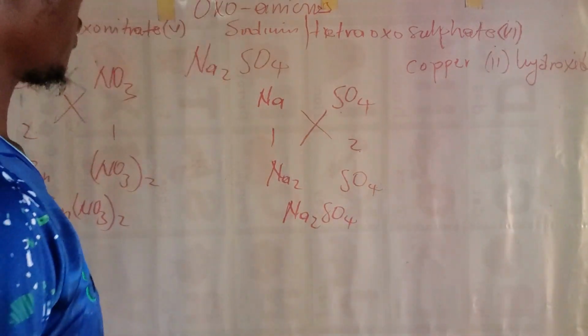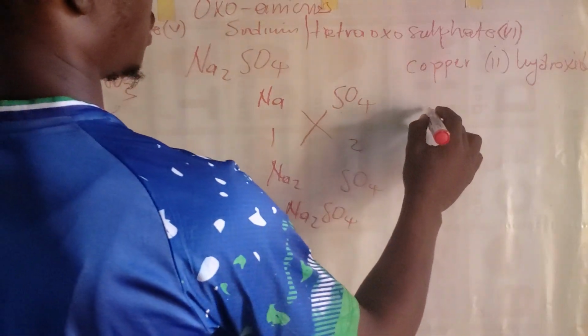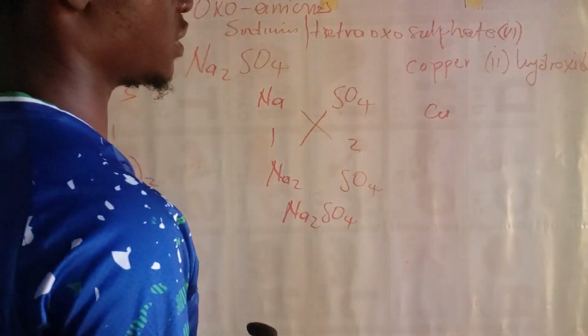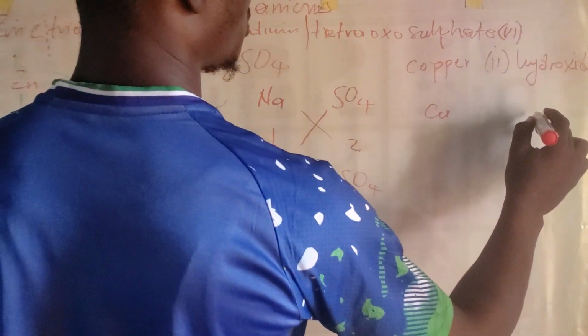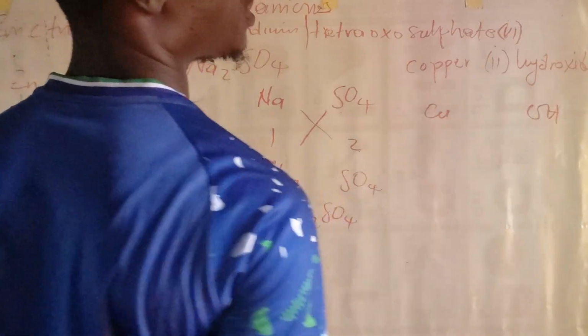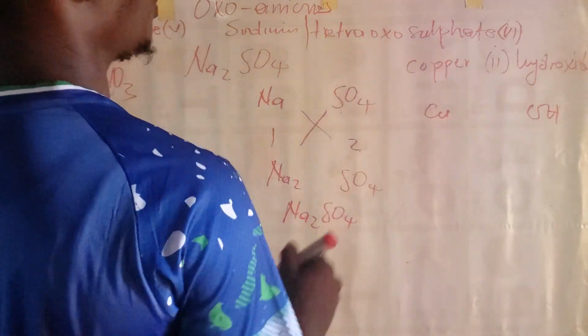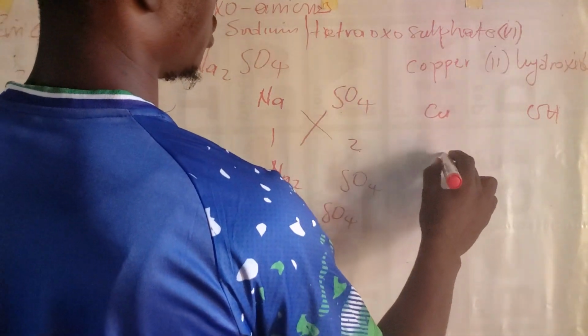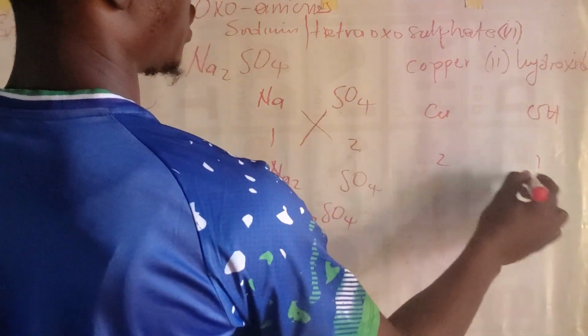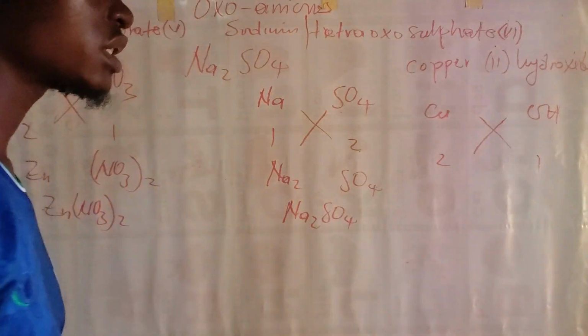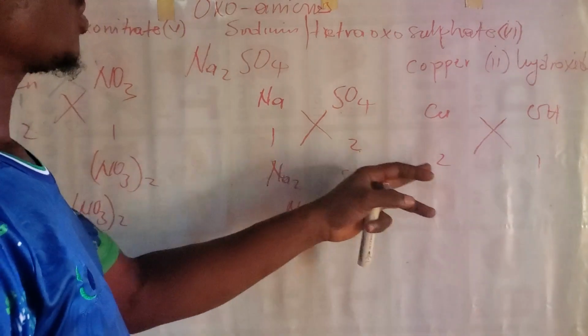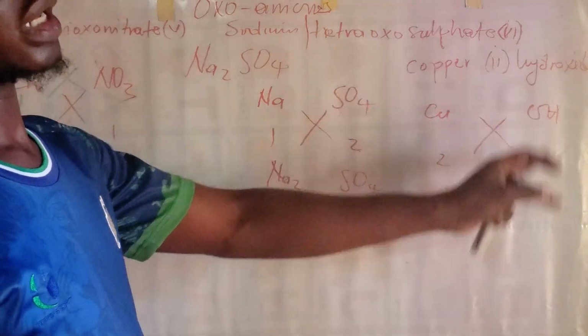So you have the copper, the symbol is Cu, and the hydroxide is OH. The valency for this copper is 2, it's already indicated, and OH is 1. So you cross multiply here in this case. And mind you, these two also affect oxygen and hydrogen.